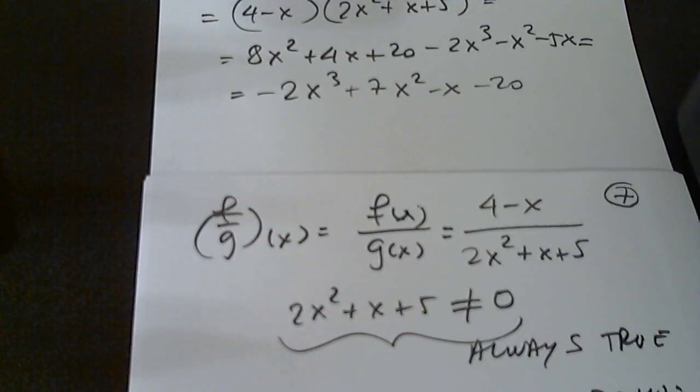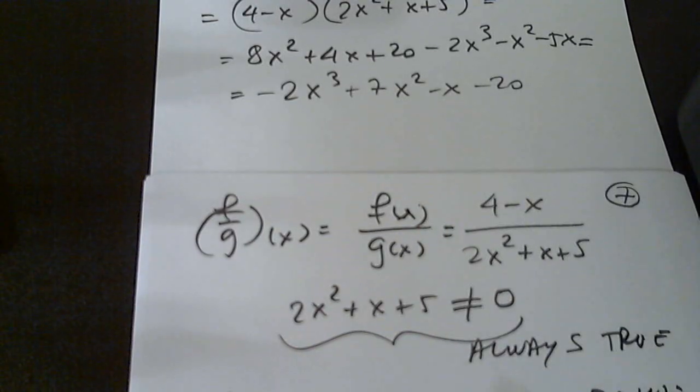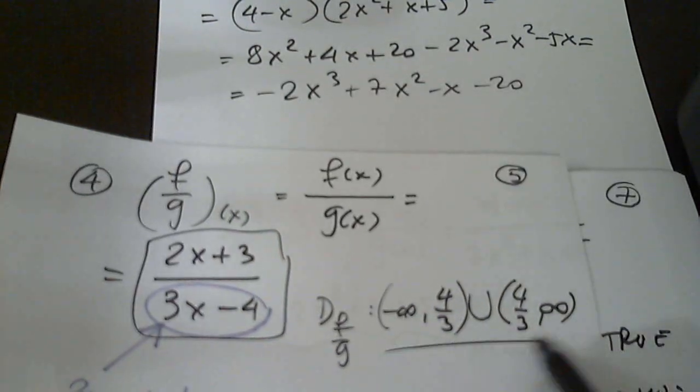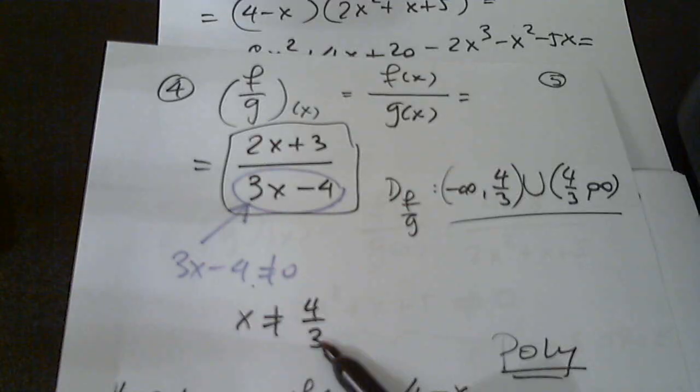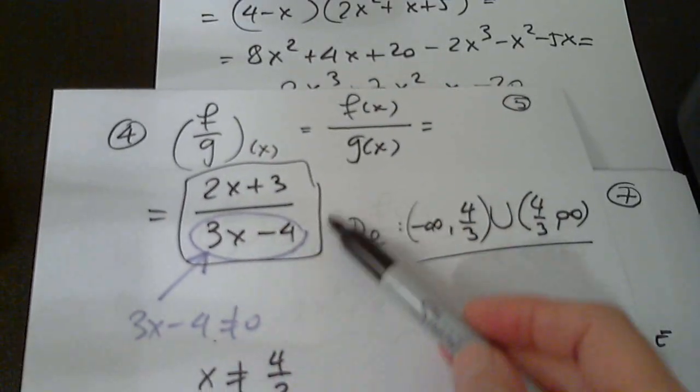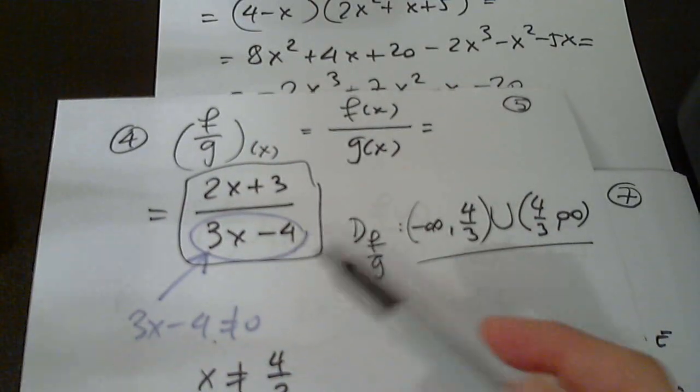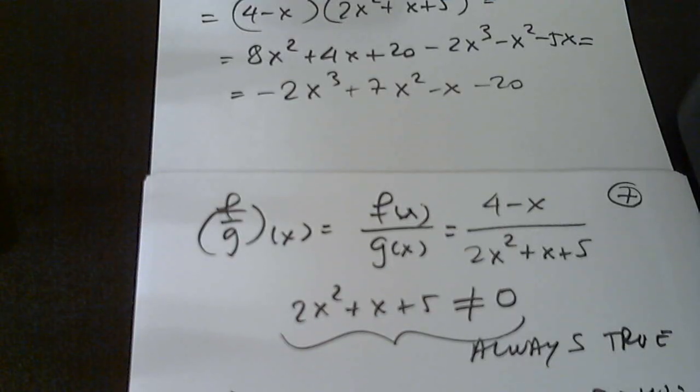So this was an easier situation. I did not have to remove anything from the domain. Before, x could not have been 4/3 because you would make this function undefined. But here, I checked, this is never 0. The solutions are imaginary. So since this is never 0, this is a lucky case in which the domain is the same as the common domain.